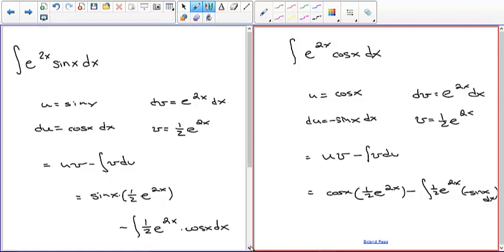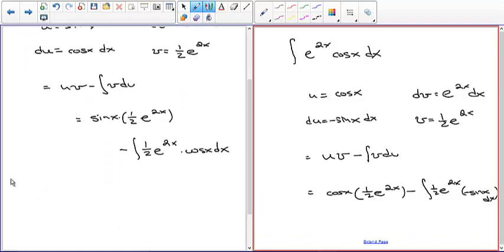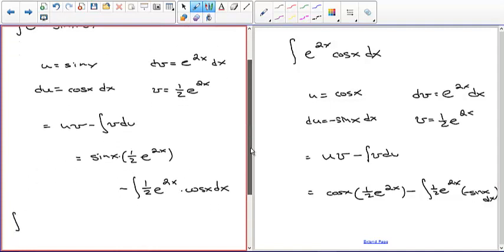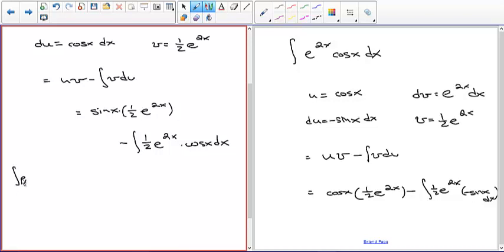So if I put this all together, it's going to be very small because I have to fit everything together. I start with my original integral, which was the left-hand side. So I get the integral of e to the 2x times the sine of x dx is equal to this term, which is going to be 1/2, take the 1/2 out front, then the exponential function, then the sine function, minus 1/2, so that's the negative 1/2, times this thing.